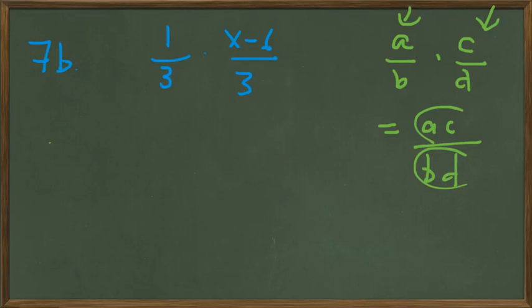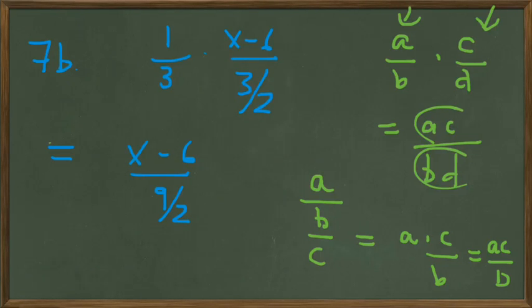So doing that, we get x minus 6 in the numerator and 9 halves in the denominator. Now we have a fraction of the form a over bc. The bc part is the 9 halves. We want to invert and multiply.